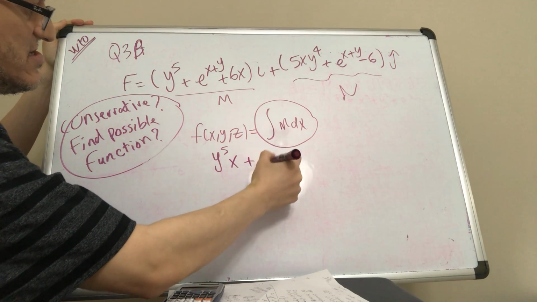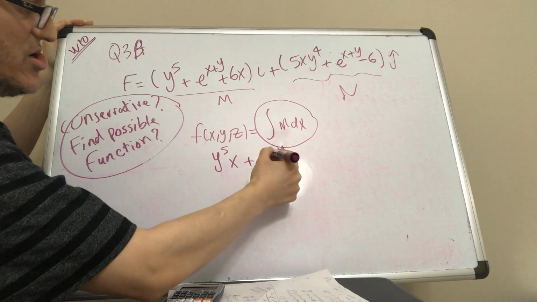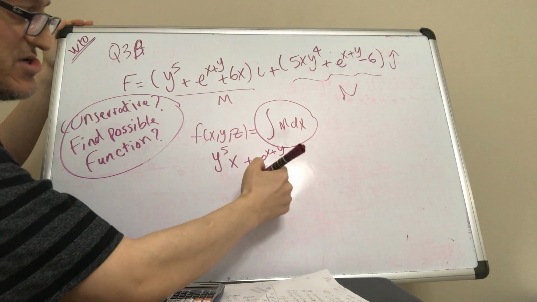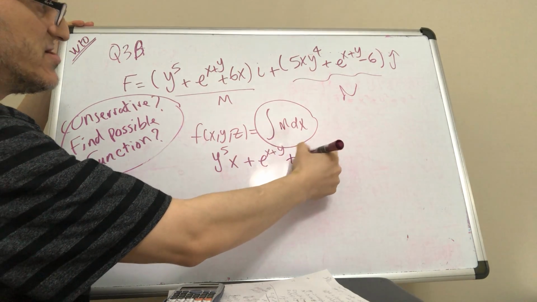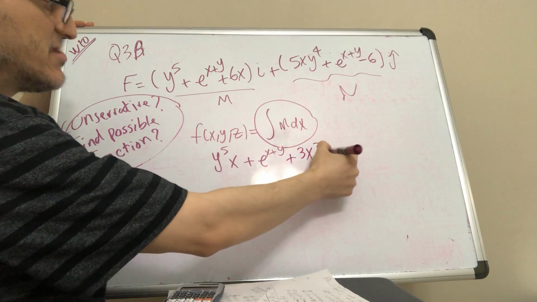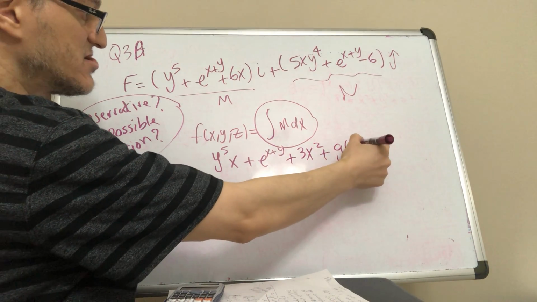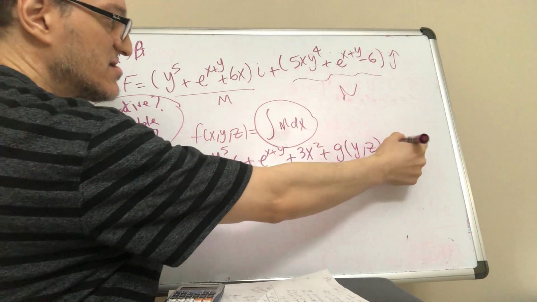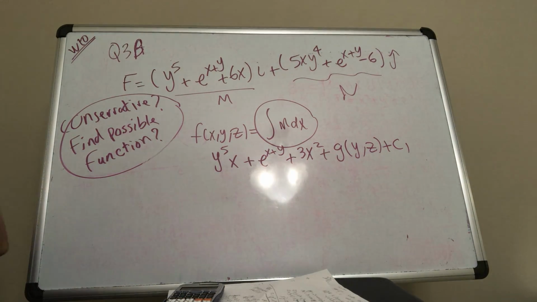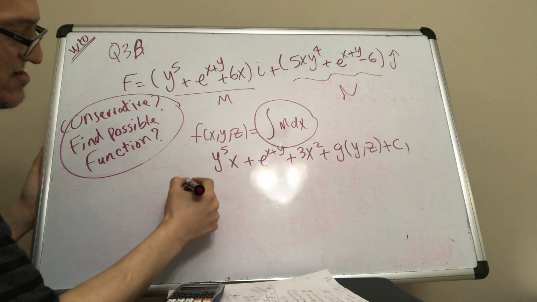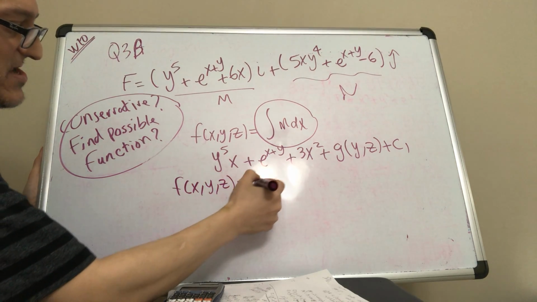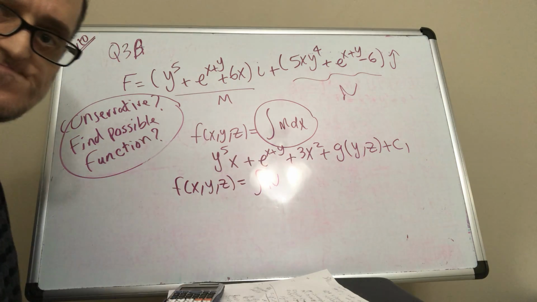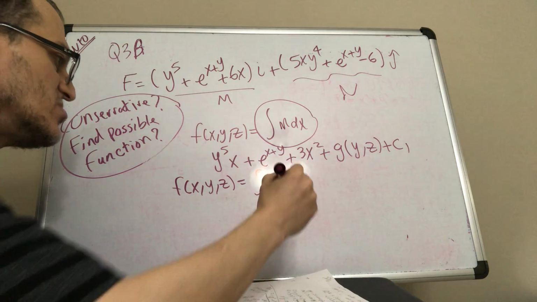Integrating this is itself over the coefficient of x, which is 1. And the integral of this would be 3x squared plus a possible function of y, z plus a constant. You also integrate m with respect to x. Now we're going to integrate the n dy.